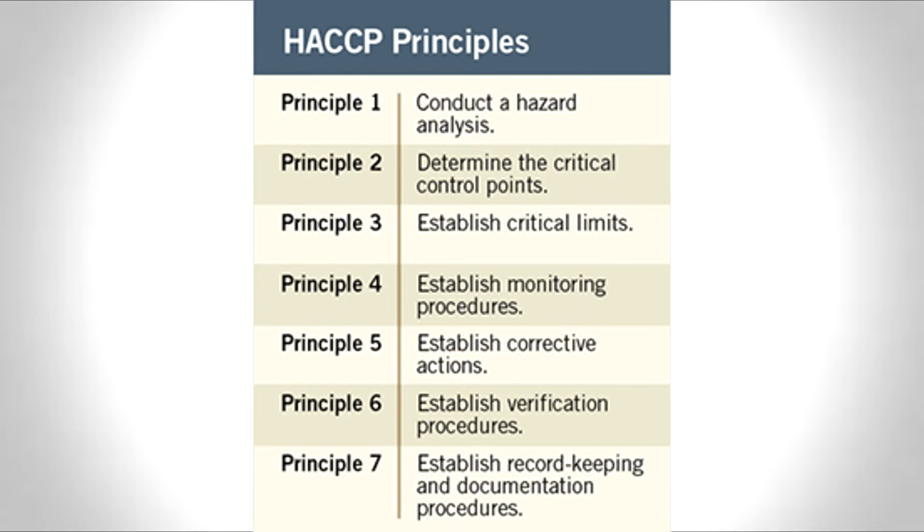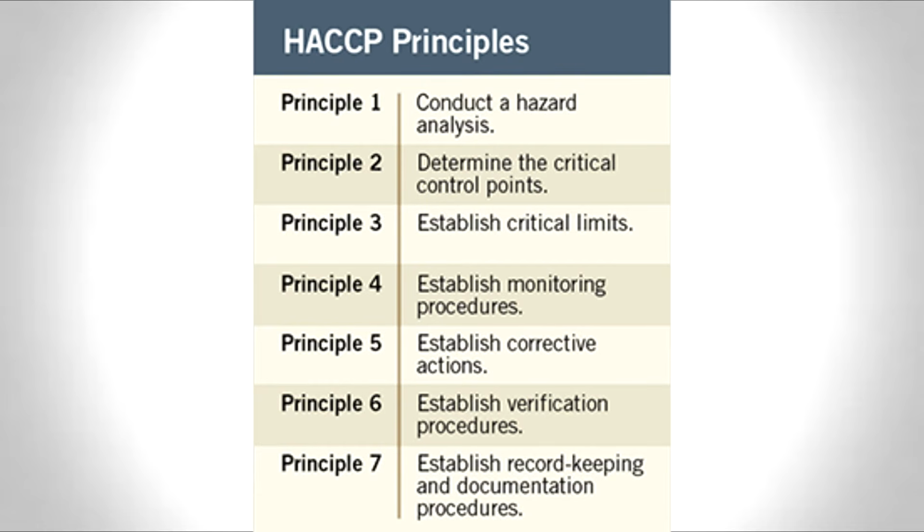Step number 4, conduct monitoring. How do you know if a CCP has been met? The only way is to monitor for critical limits. In this step, you're recording who monitored, how often, and how the monitoring was conducted.